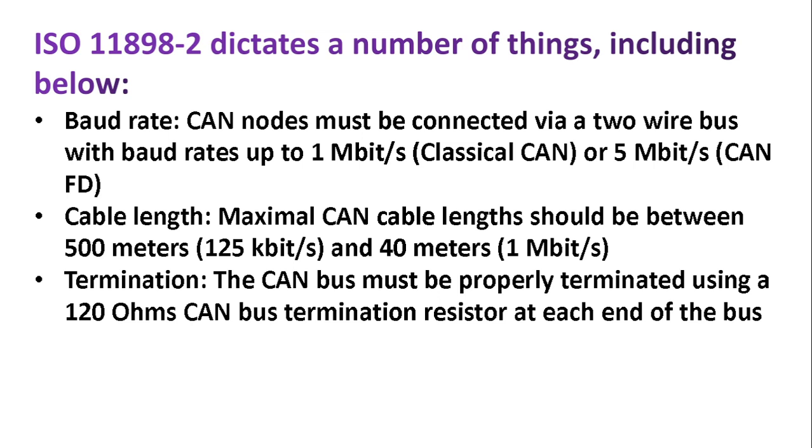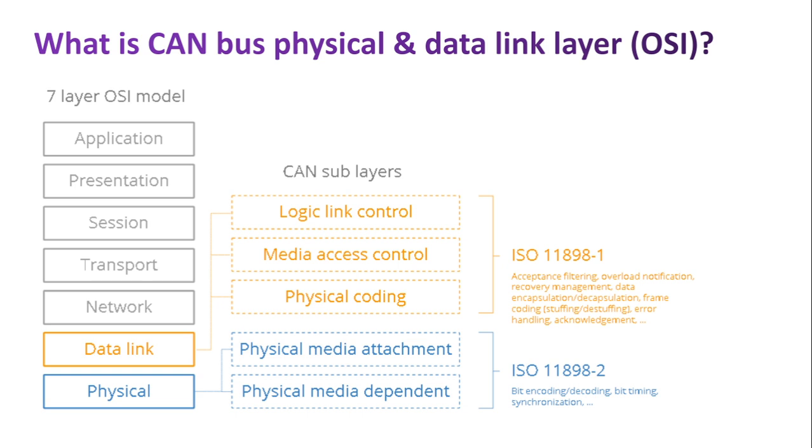Okay, now in the next window: what are the CAN bus physical and data link layers? These are the main layers: application, presentation, session, transport, network, data link and physical. Data link and physical are the main ones for CAN. In the physical layer you will see physical media attachment and physical media dependent.